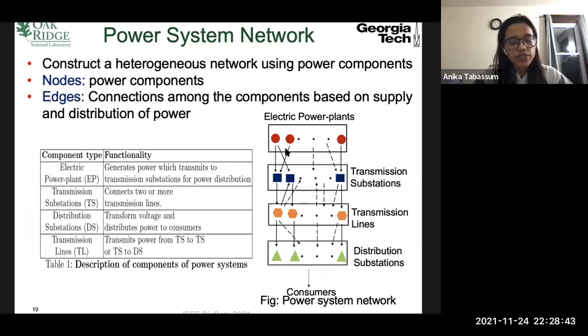We also use logical connections, based on components which supply nodes, or components which distribute loads to other types of components.